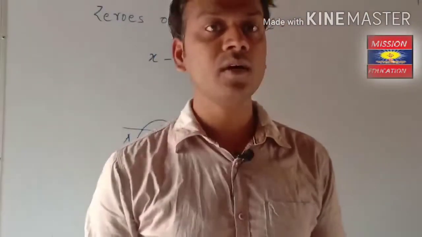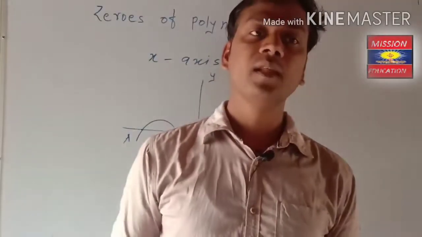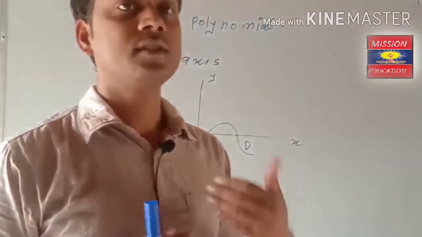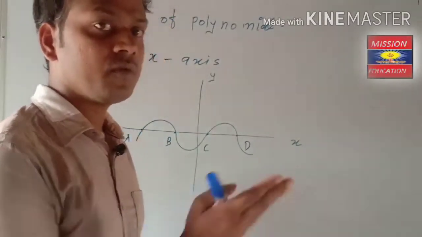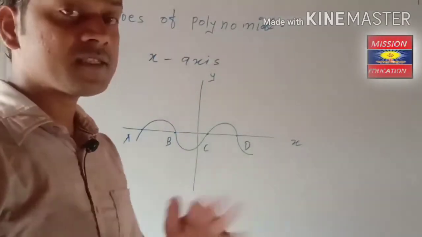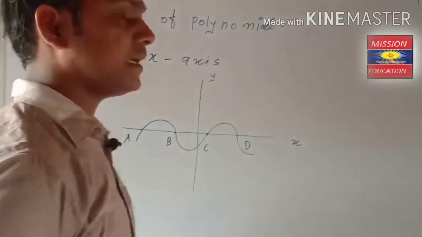So always remember, in a graph, zeros means a point where the direction of the graph starts to change. So how many zeros here? 4. 1, 2, 3 and 4 are the zeros of the given polynomial.